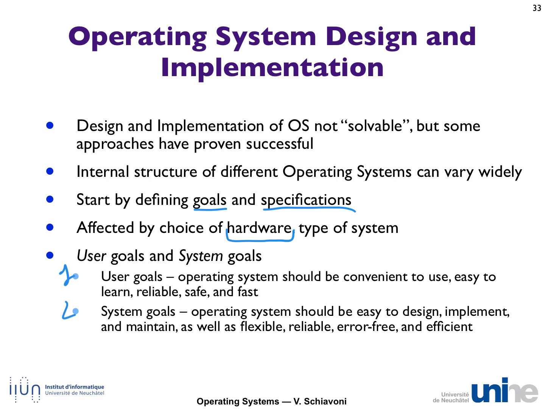So if a given functionality works today, it should also work tomorrow and the day after that. You want it to be bug-free or error-free. Somehow you should implement your design in a way that is correct. And you want your OS to be efficient, as we said in a previous lecture. You have a bunch of resources, and you want your OS to use those resources in the most efficient manner.